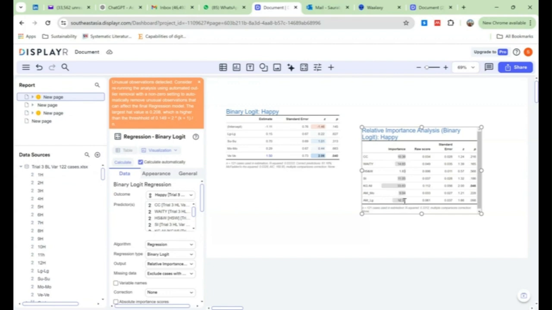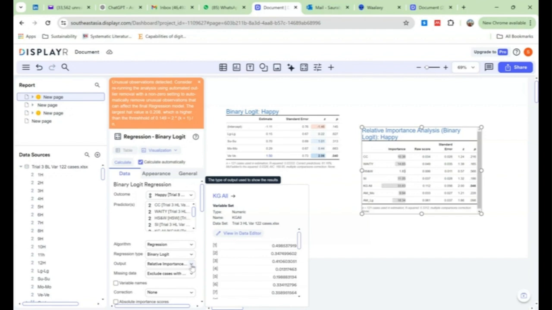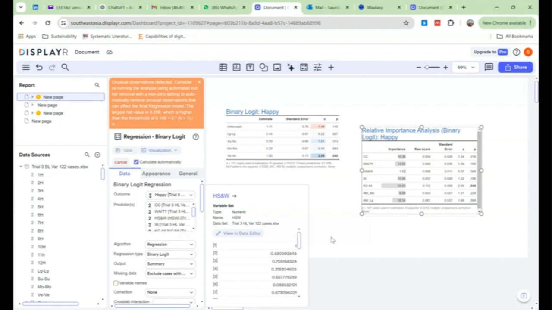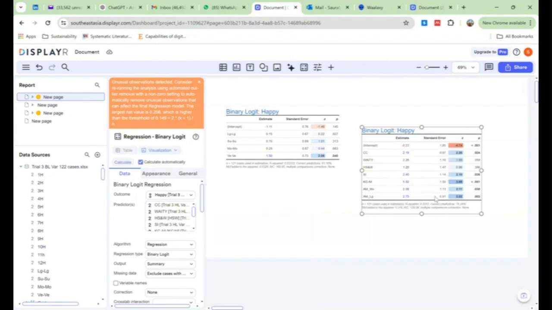Ashtakoota method from Lagna is more powerful than what it is from Moon. And the YT is also stronger than CC. So relative weightages you can show; HSNW is not very significant. So this kind of interpretation can be done. Yeah, so this is how the modeling can be done.